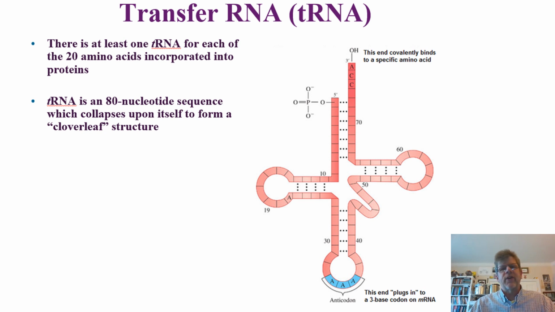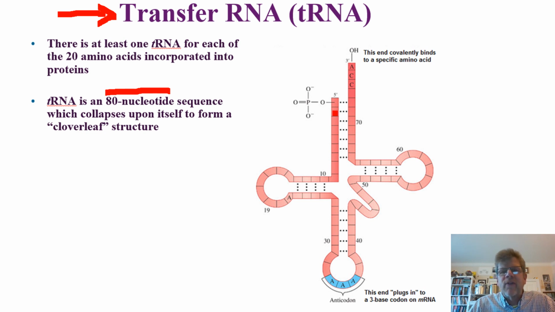Now we really start to come to the workhorse molecule that I was talking about before. This is the transfer RNA, or tRNA as its acronym. If we remember, transfer RNA, or any RNA, is single-stranded. Our transfer RNA is an 80 nucleotide sequence, 80 nucleotides long, given in this representation here.